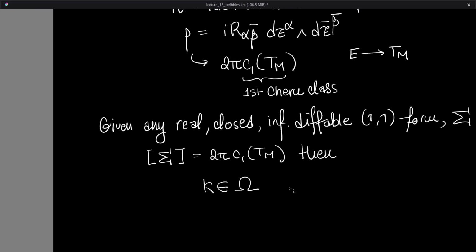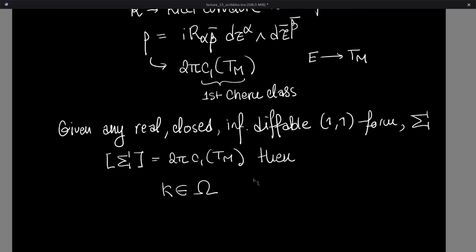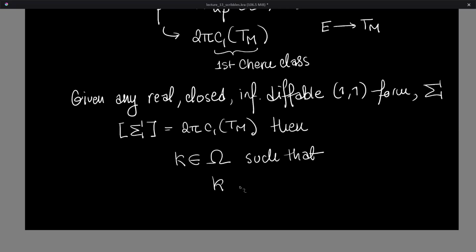Oh, I haven't introduced omega yet. I'll introduce it in a second, such that K gives us a rho which is equal to sigma, a Ricci form.